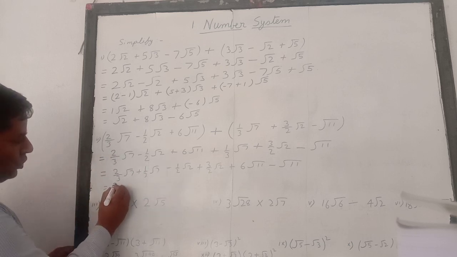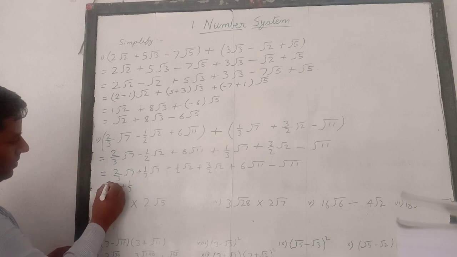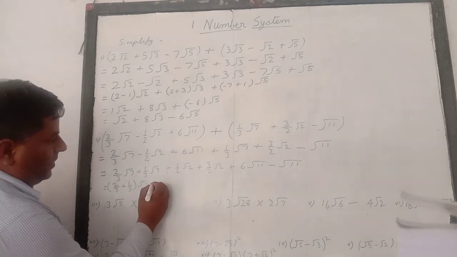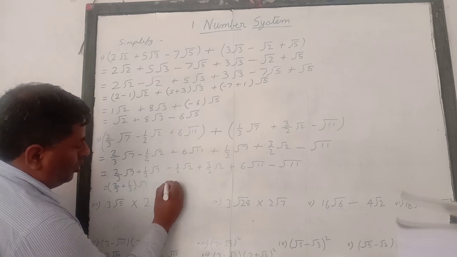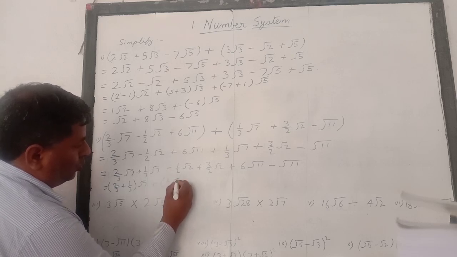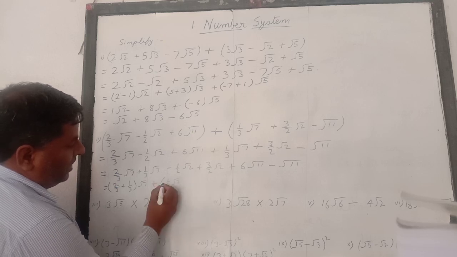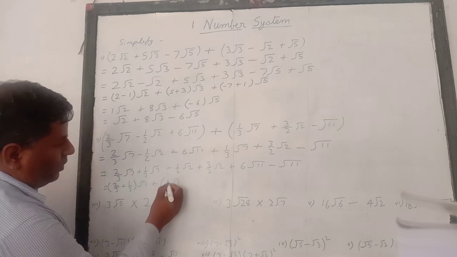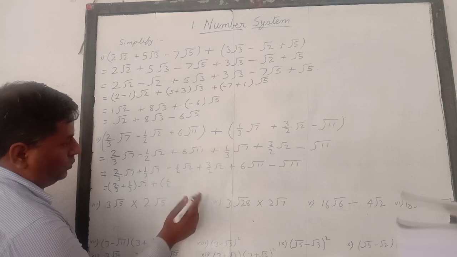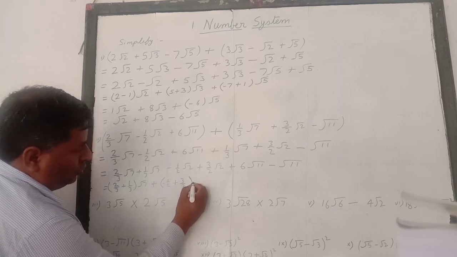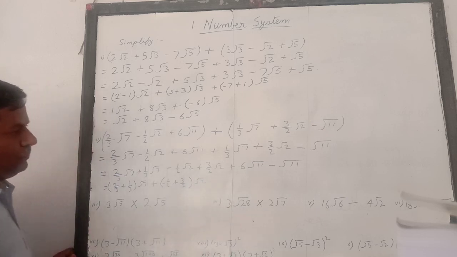Here we have (2 by 3 plus 1 by 3) into root 7. Then minus 1 by 2 root 2, I had written plus but it should be minus here, plus 3 by 2 into root 2.